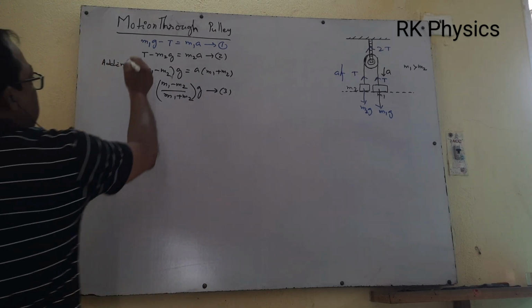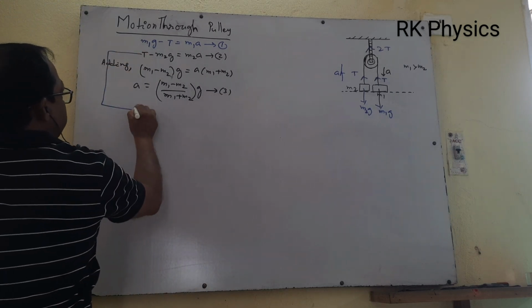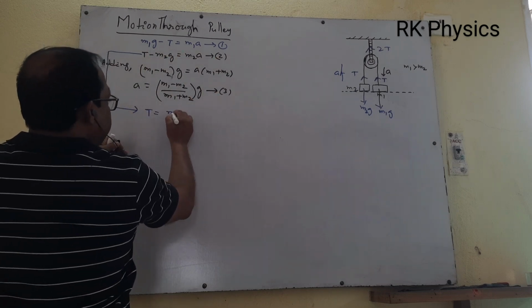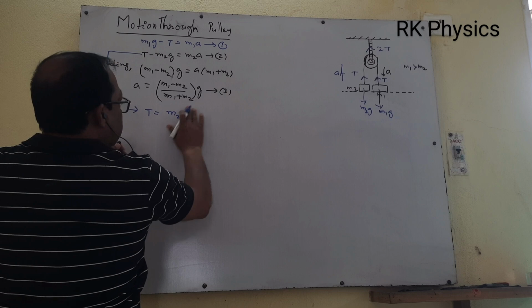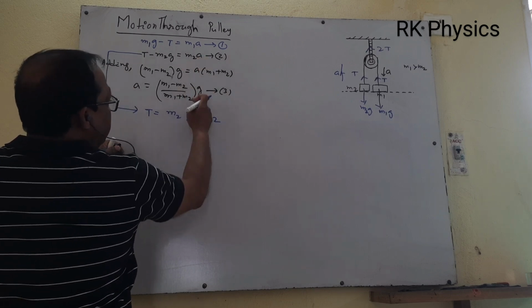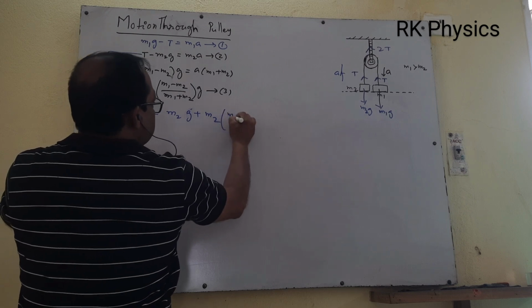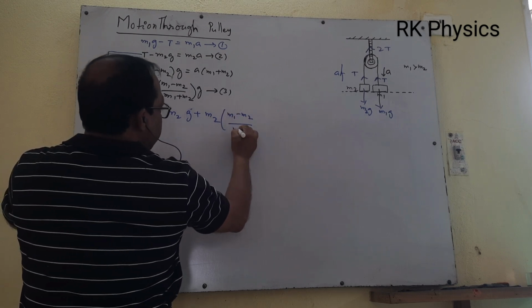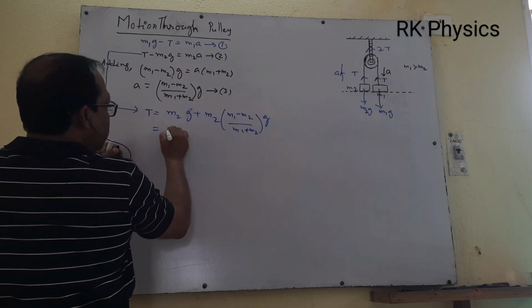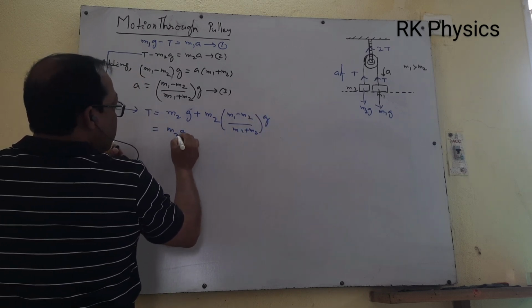Okay. Now, from the equation, you write T is, take out M2, M2 into (g plus a). Here a means you put (M1 minus M2) divided by (M1 plus M2) whole into g, and this is M2g.